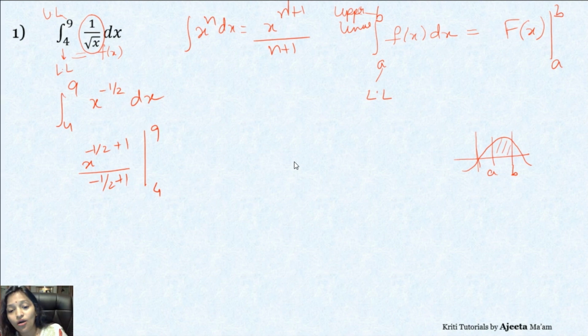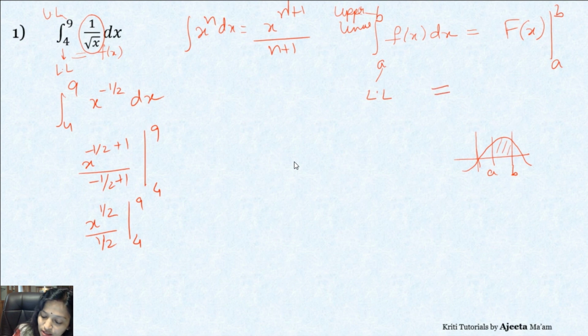Okay. Now what you have to do, no c will come here because now you have the exact boundary, so no constant needed. Okay, now what will you get? Half, and here also you get half, 4 to 9. You can put the brackets also for the limits, or you can simply show a vertical line also with the limits. Now, what to do after this?